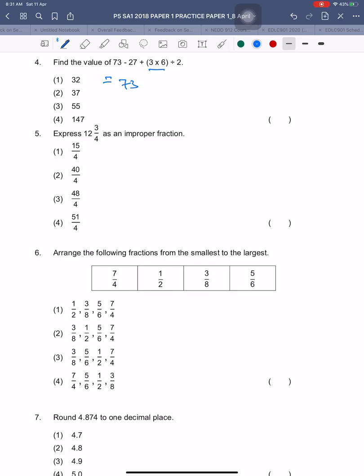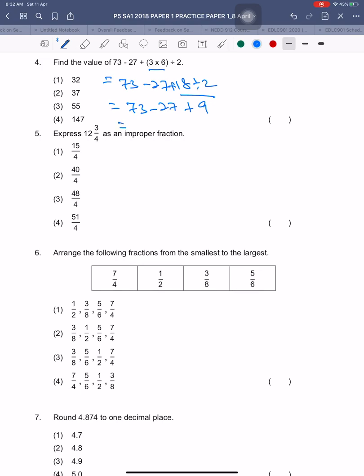So 73 minus 27, so 3 times 7 is 18. So you have divide, you have minus, so the rule says you have to do the division first. So 18 divided by 2, 9.